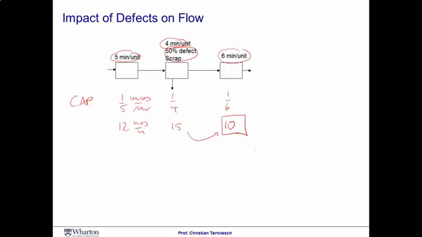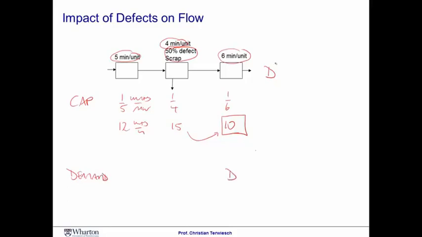I want you to rethink how we tackled process flow diagrams where we had multiple types of flow units. In this case, we often look backwards and ask ourselves, what is the demand for each of the resources that needs to be served? Now assume that we have a demand of D flow units. How many units do we have to be serving at station number 3? We have to be serving D units.